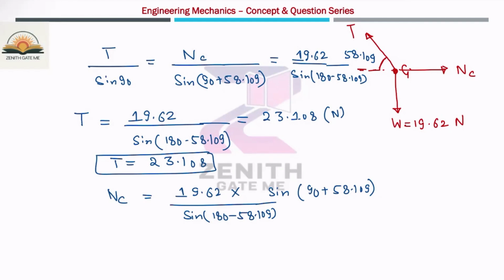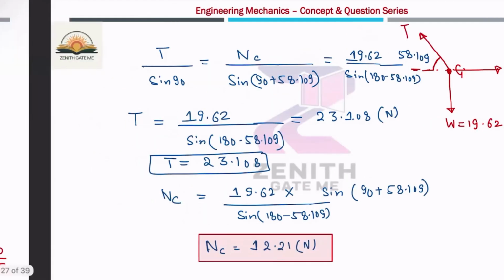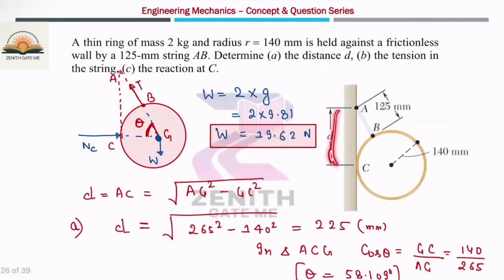You will get 12.21 Newton. So all three parts are covered in the same problem: you have calculated the distance D, the tension in the string, and the normal reaction at the point of contact.